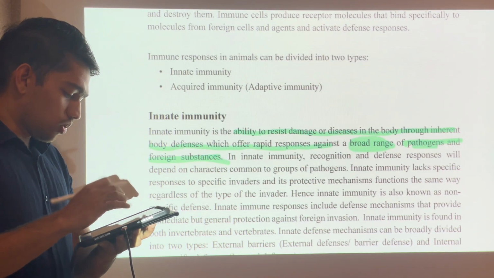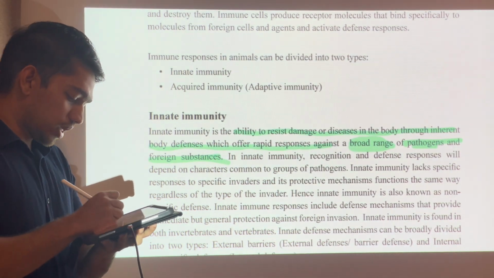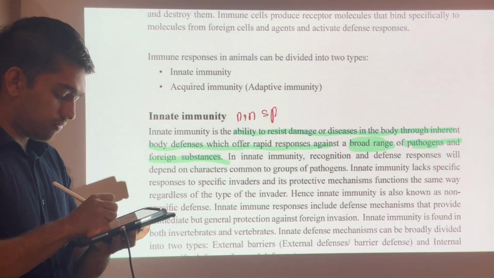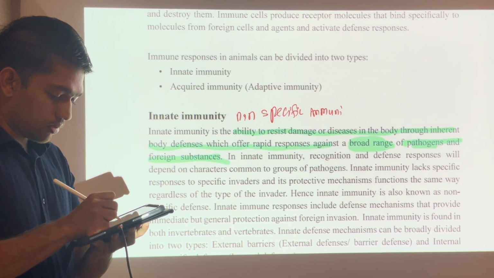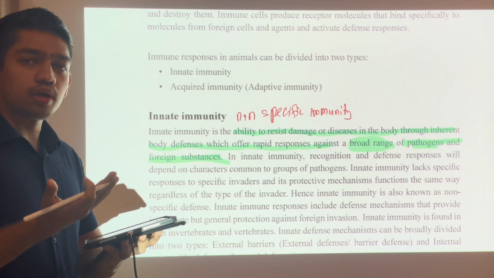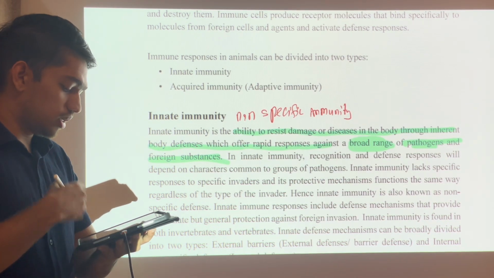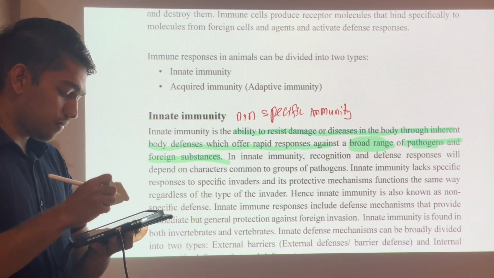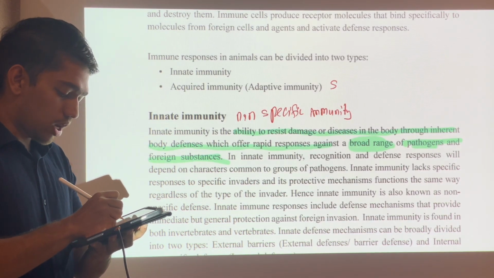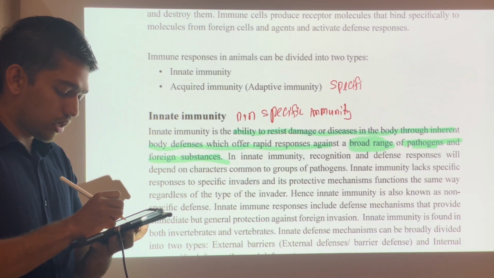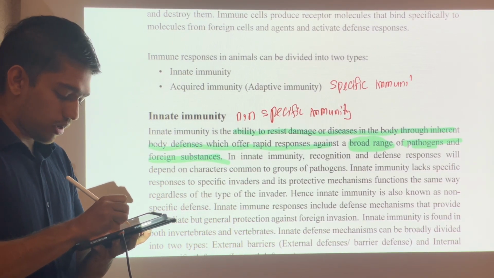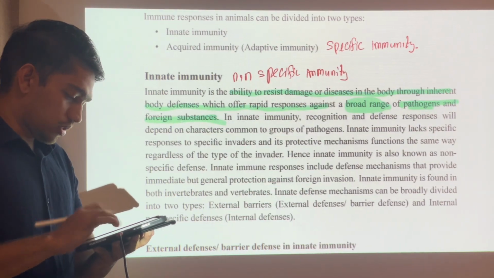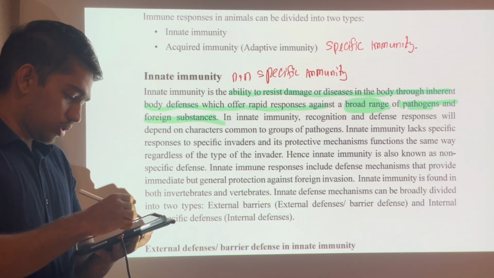So that's why we call this innate immunity as non-specific immunity as well, right? So the other part, or the opposite of this immunity, is the other type of immunity that is mentioned here, or acquired immunity, or adaptive immunity, that we can call also as specific immunity, right? Okay, let's continue under your innate immunity.